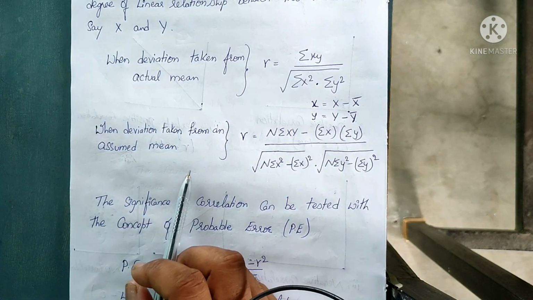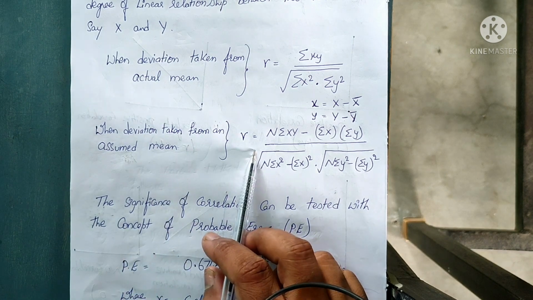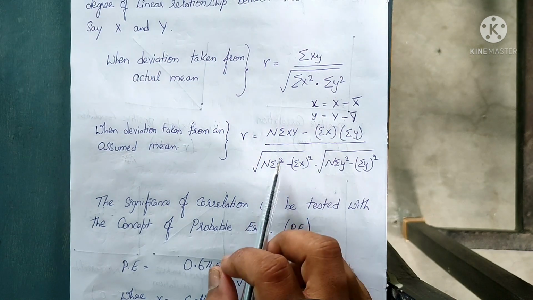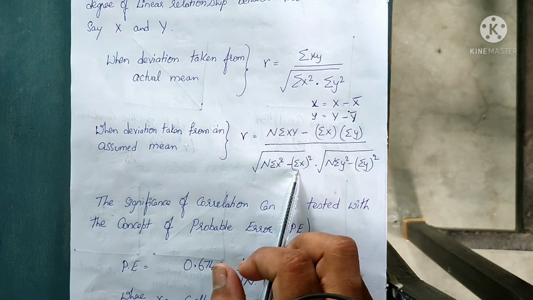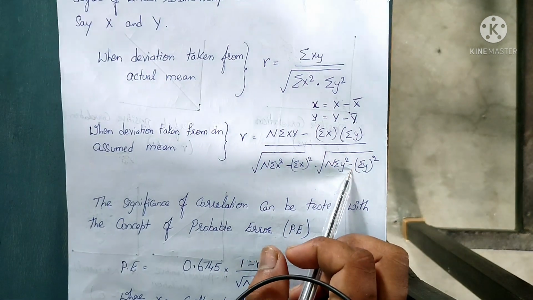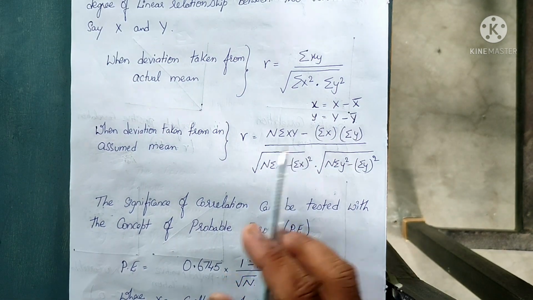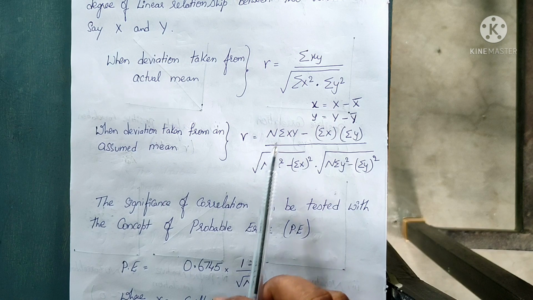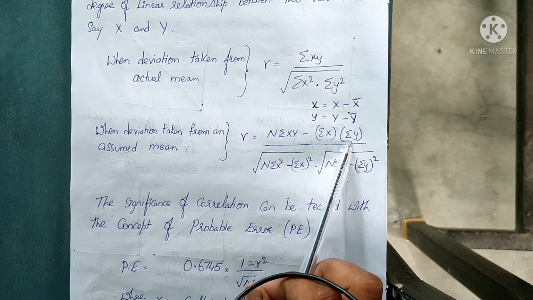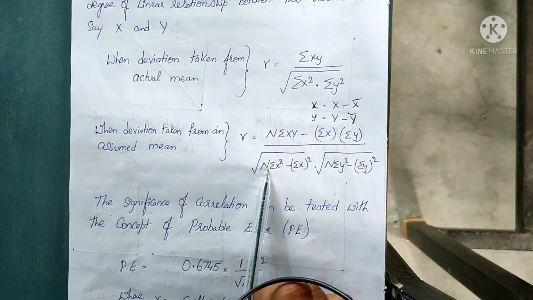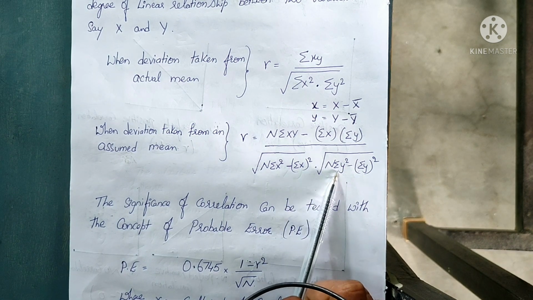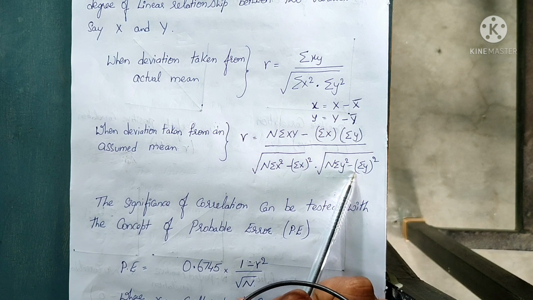When deviations are taken from assumed mean, r equals n into sigma xy minus sigma x into sigma y by root over n into sigma x square minus sigma x whole square into root over n into sigma y square minus sigma y whole square.